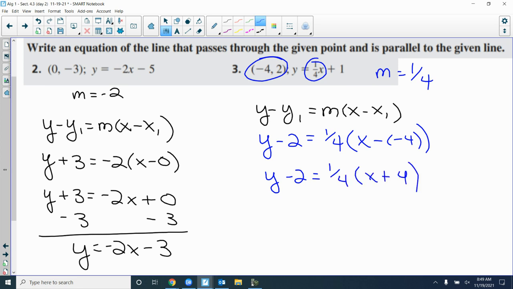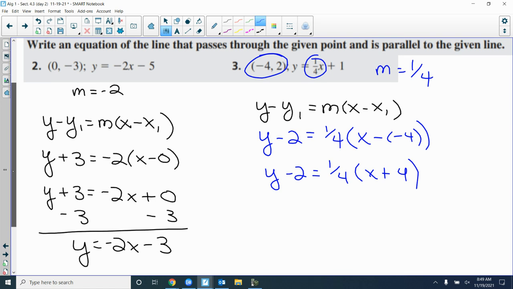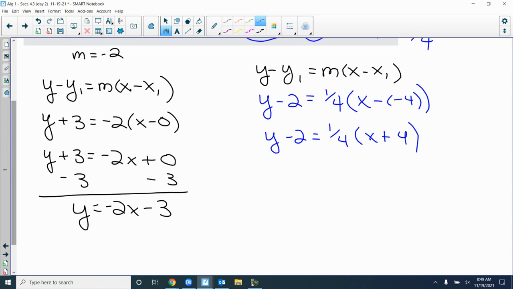So I'm going to write that step. That is your point slope form. If the directions say point slope form, boom, stop, done. But we're not done, as I want you to go to slope intercept form. Distribute the 1/4. So Emily, what's going to happen next? You do y minus 2 equals 1/4 x plus 1.